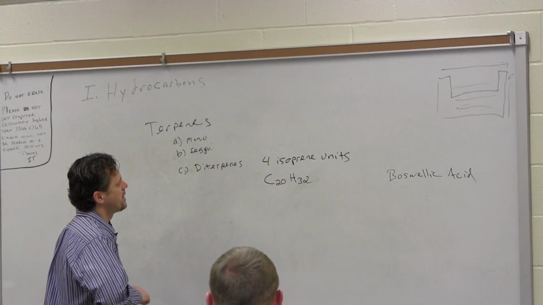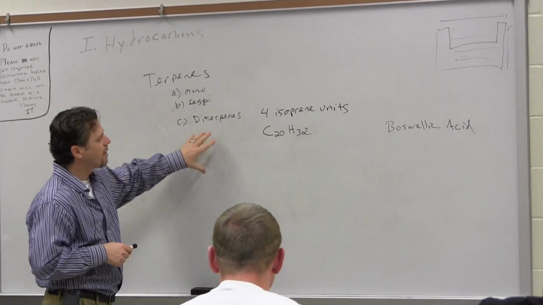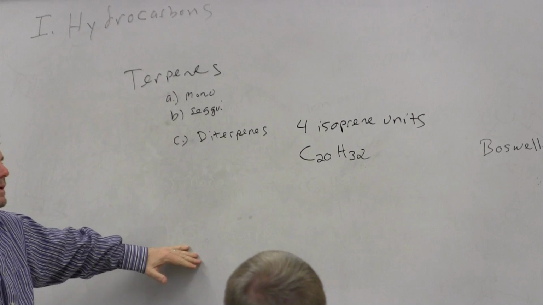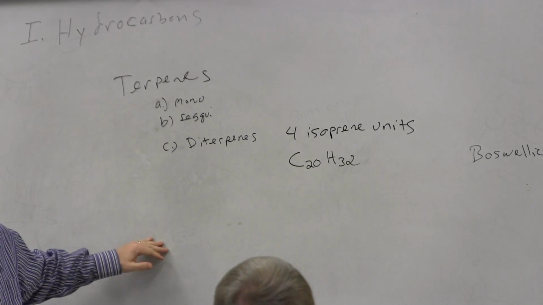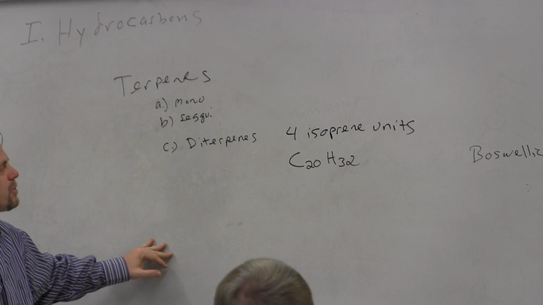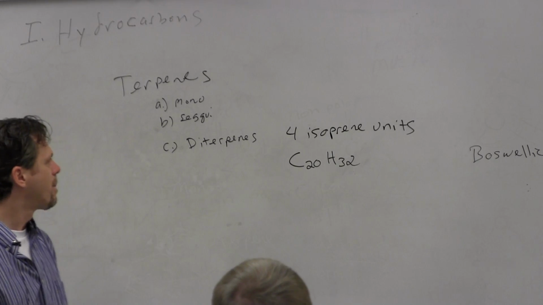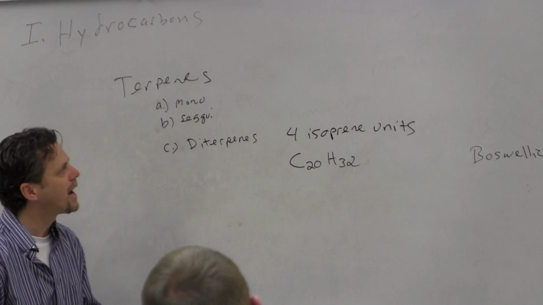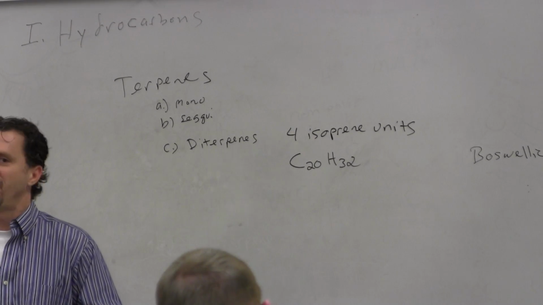so the diterpenes are found in essential oils, and I'm not even going to cover triterpenes because we never see them, but you could have a triterpene as a class of molecule. How many isoprene units would a triterpene be?